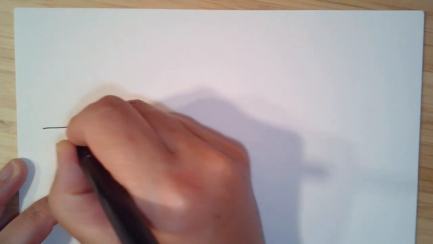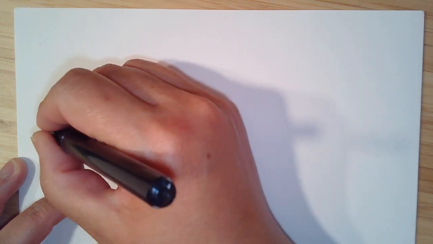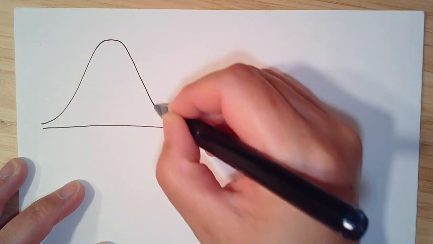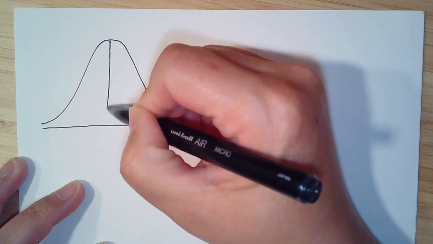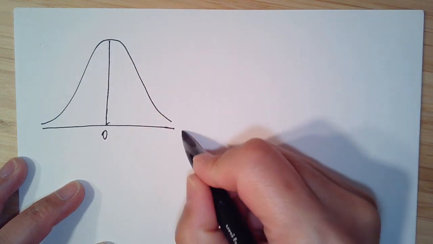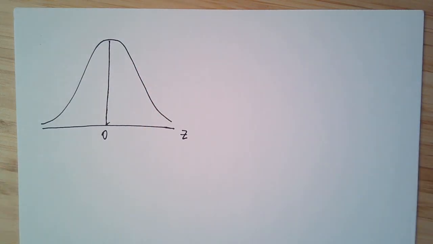All right. Now let me give you a little bit more exercise. Okay, 0, and that's a z. When you see this, that's a standard normal distribution.